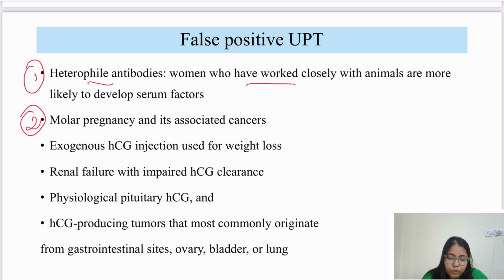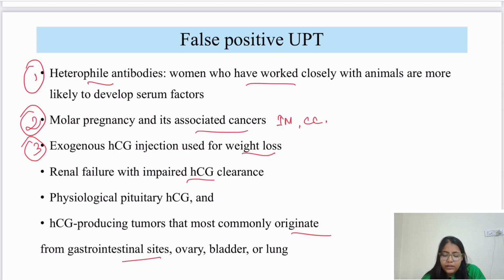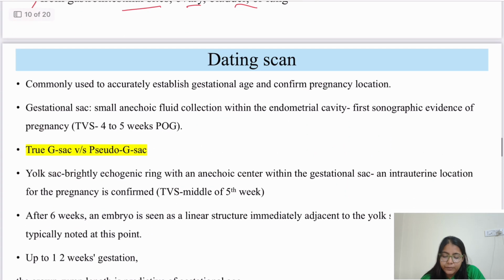Then in cases of molar pregnancy and associated cancers like invasive mole or choriocarcinoma. Some patients may be taking HCG injections for weight loss. In those cases also UPT can be false positive. Renal failure with impaired HCG clearance, physiological HCG, or HCG-producing tumors originating from GI sites, ovary, bladder and lung. These are rare; the first 3 are very common. So you can just remember 2 to 3 points, that's enough.